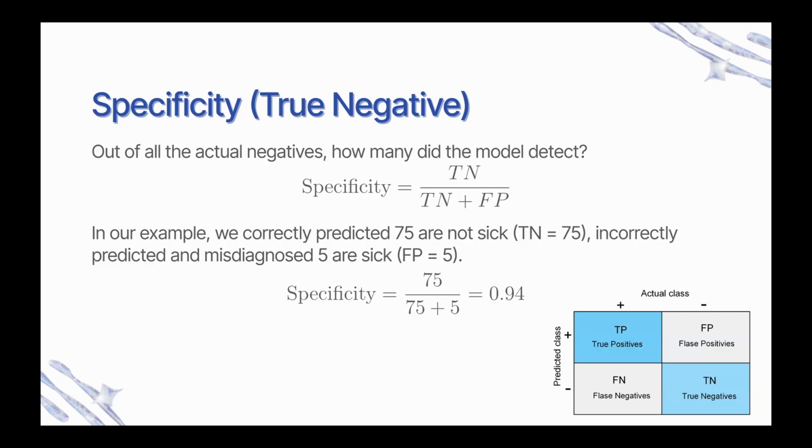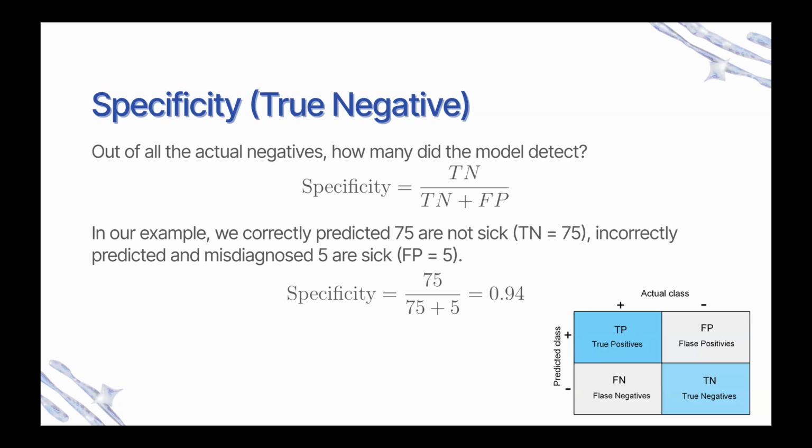So those are the true negatives. But we incorrectly predicted that 5 were sick or positive when they were actually healthy. So those are the false positives. Okay. So you can see here that the specificity is 75 over 80, which is 0.94. Okay, so a pretty high specificity.